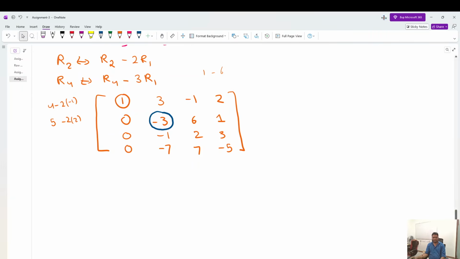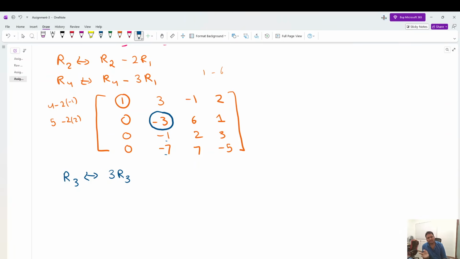Okay, so let me do this. What you have to do, you have to make this and this 0. So what you will do with row 3, let's say you multiply row 3 by 3. And there are other ways also.